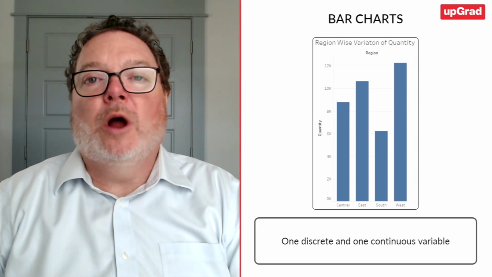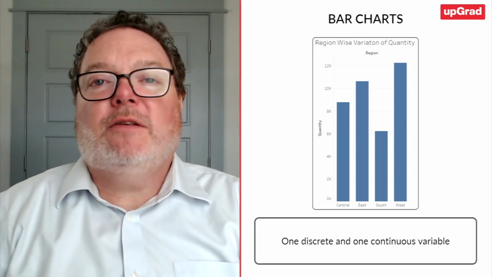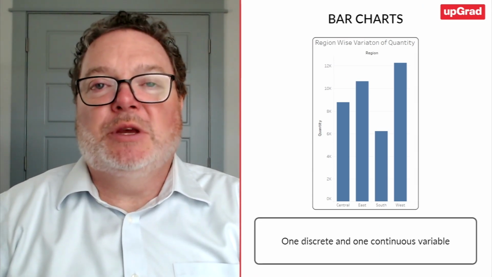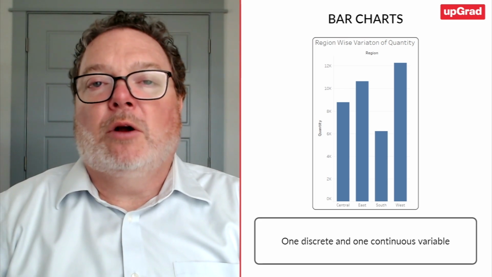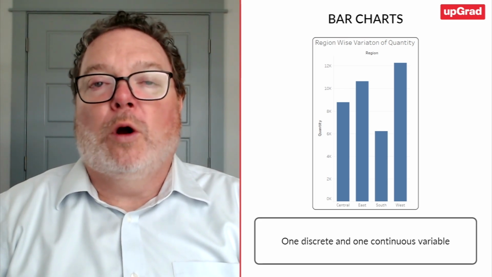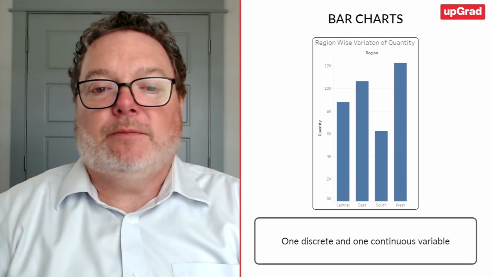Now we'll talk about our first real chart, a bar chart. Most basic of all charts. Bar charts have to have at least one discrete variable and one continuous variable. Bar charts show the relationships between a group and a subgroup, or between subgroups.